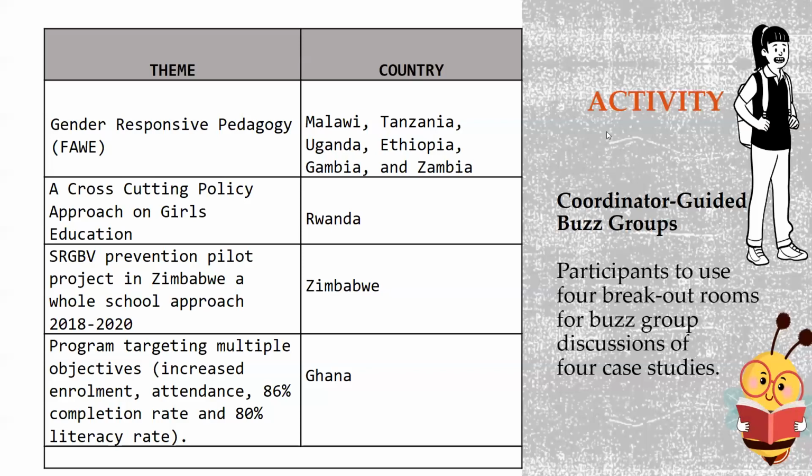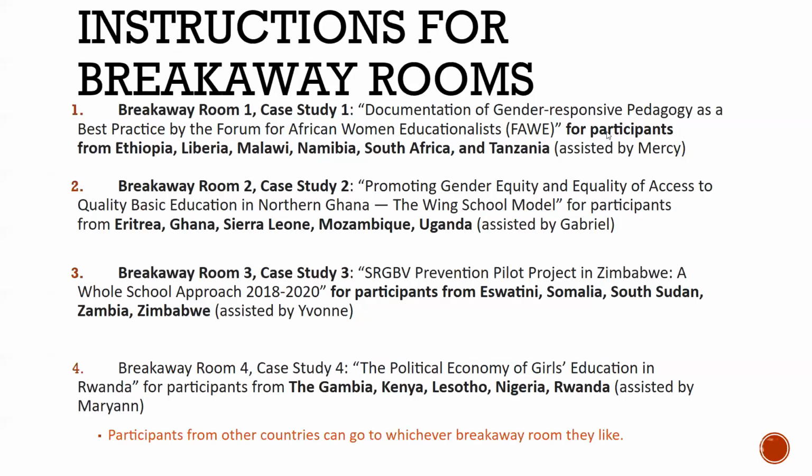Can we move on to the next one? Yes, we can move on to the next slide. So Breakaway Room 1, case study 1, is a document titled Documentation of Gender Responsive Pedagogy as a Best Practice by the Forum of African Women Educationalists, FAWE.